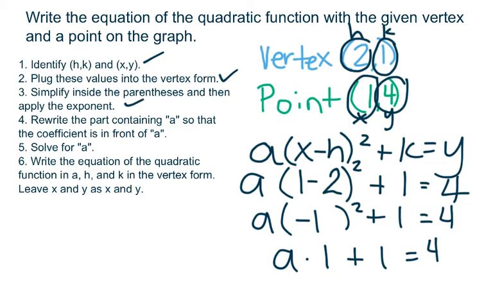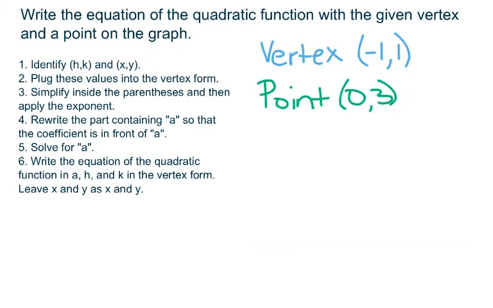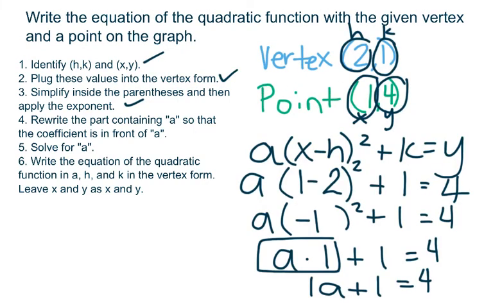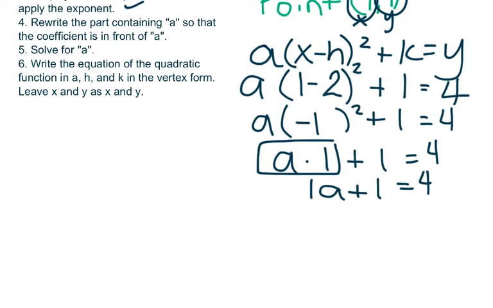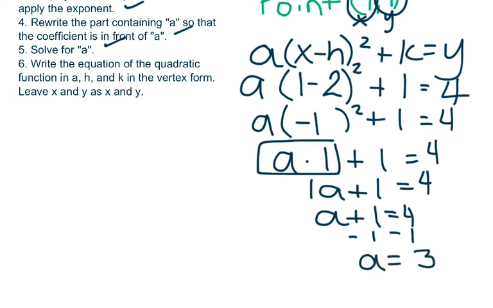For instance, where we have a times 1, we would write that as 1a. No need to really write 1a, because anytime you don't have a number in front of a variable, it's understood. So I'm going to rewrite this. It's just a plus 1 equals 4. Number 5 says we're going to solve for a. If I want to get rid of this plus 1, I would subtract 1 from both sides. So a actually equals 3.